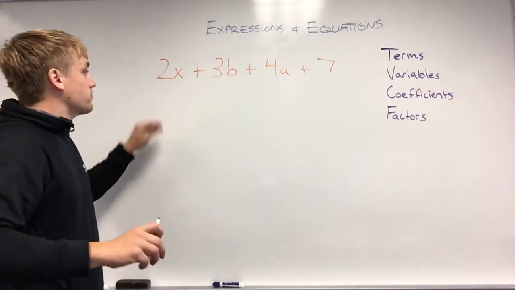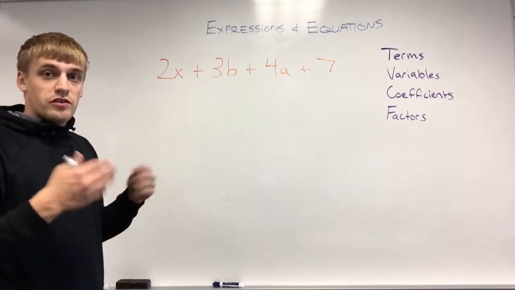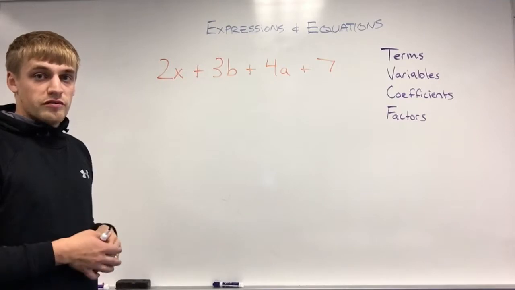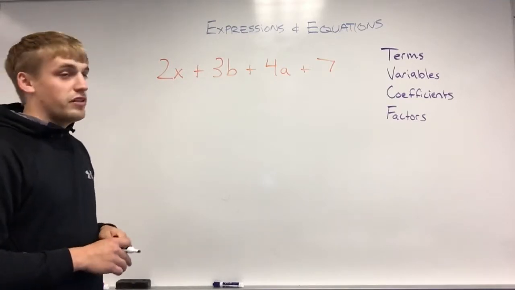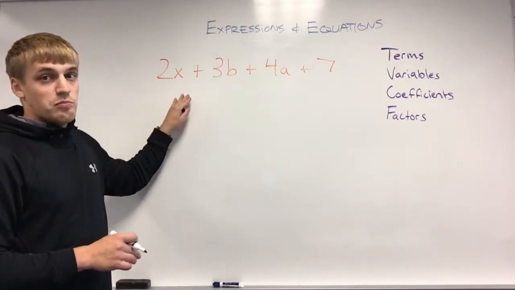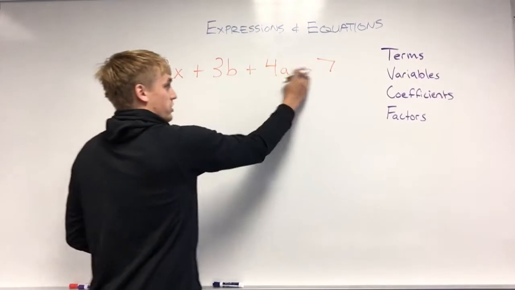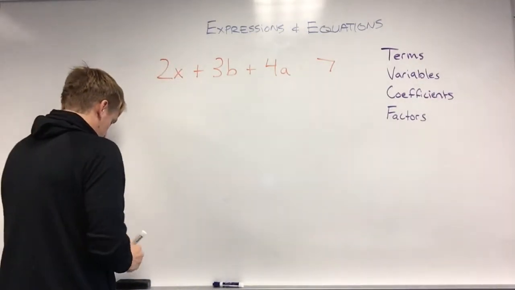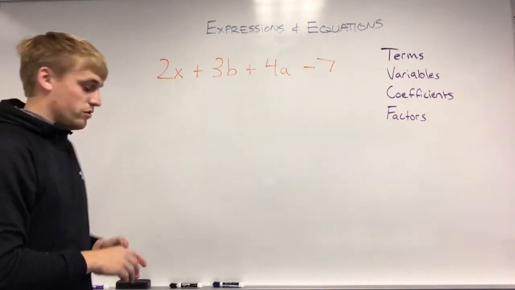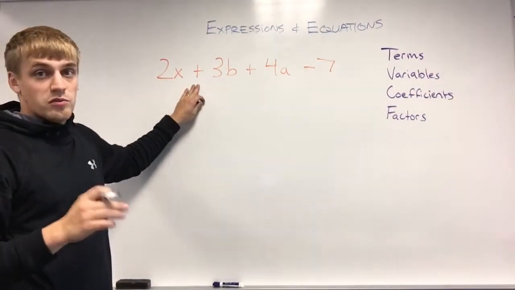Okay? The first thing we do when we're trying to figure out where are the terms, where are the variables, where are the coefficients, where are the factors, is we identify the terms. Okay, and the first thing I do is draw a line, or I find the plus or minus signs. Okay? And I'm actually going to change this to a minus sign just to make my point. So change that in your notes, please. Okay? But first thing I do is find the plus and minus signs.